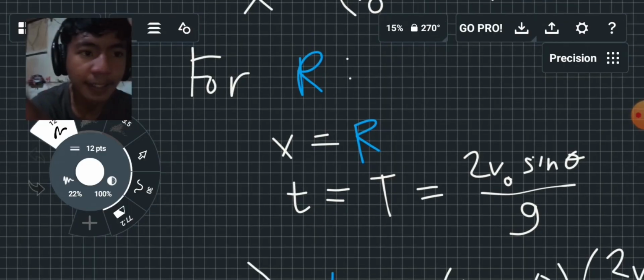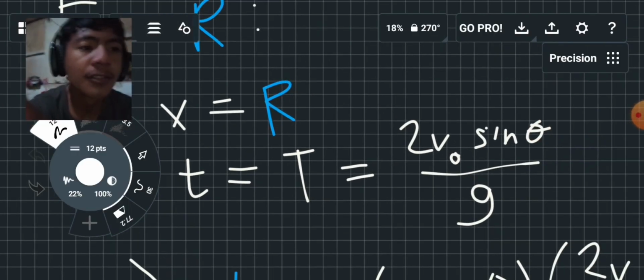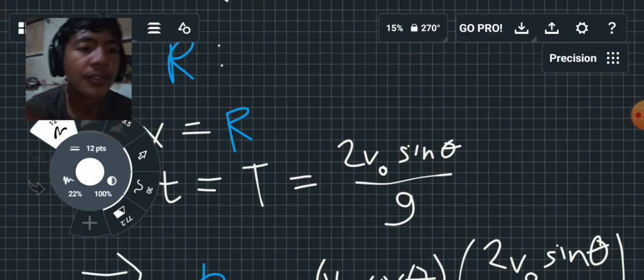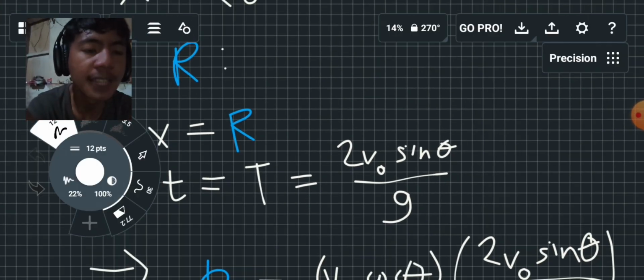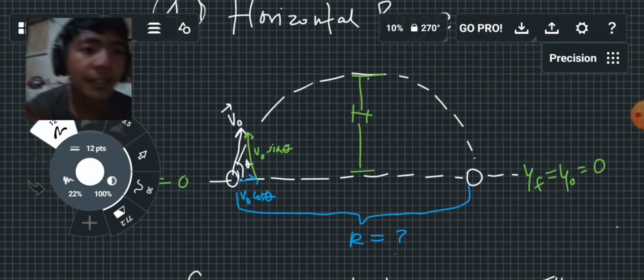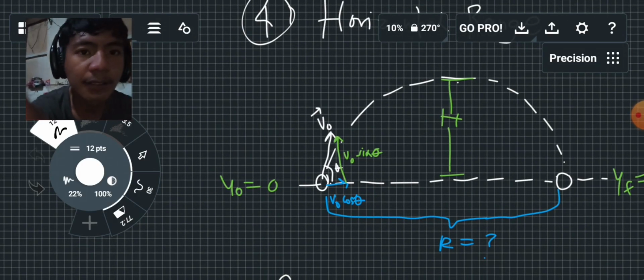So x equals r, and the time t is equal to the time covered. So that is 2v naught sine theta over g, as it is still the same scenario we discussed earlier. The object starts and ends at the same height.